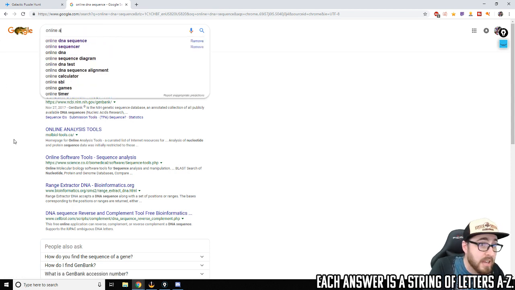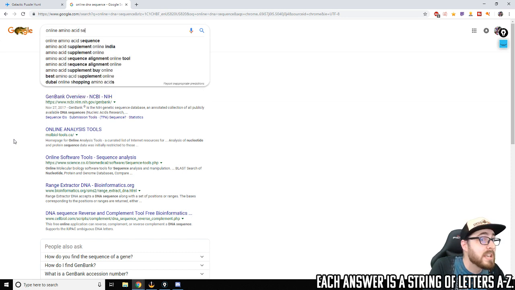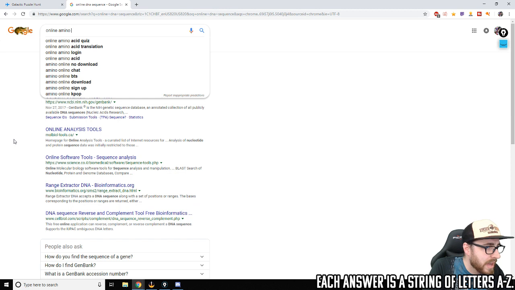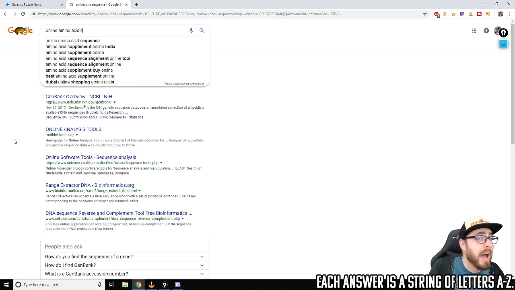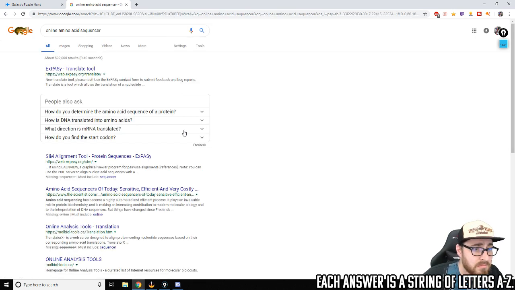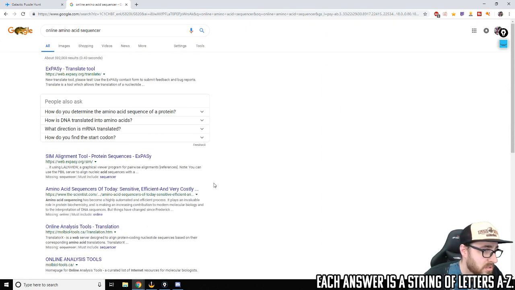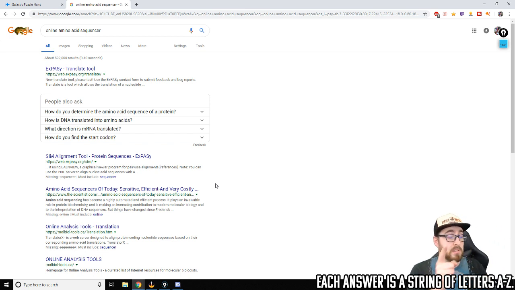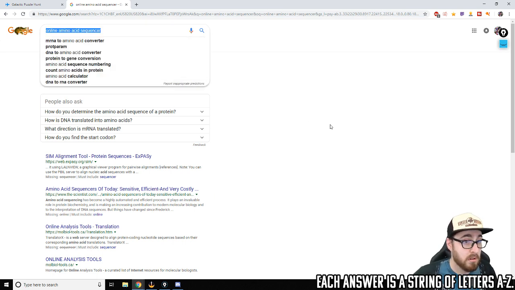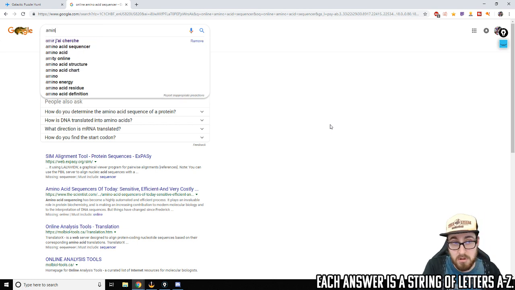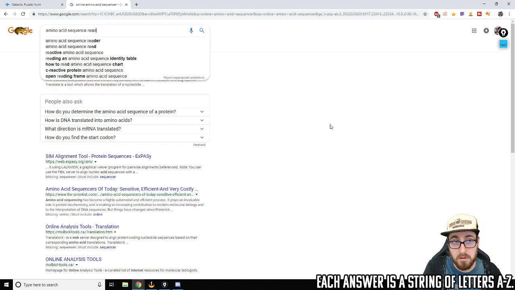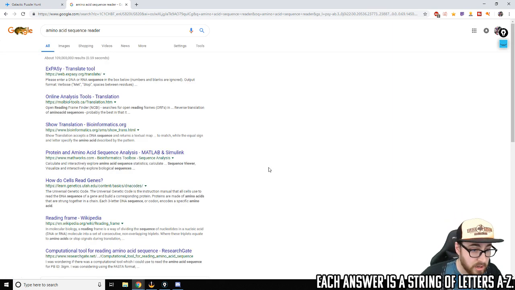Online amino acid. 20 amino acids. Amino acid sequencer. Geez, it just gives us a whole bunch of these. 20 amino acids, they don't have the same letters the puzzle doesn't have. Holy shit. Hold on a second. So if we go to a reader, is there a reader of some sort?